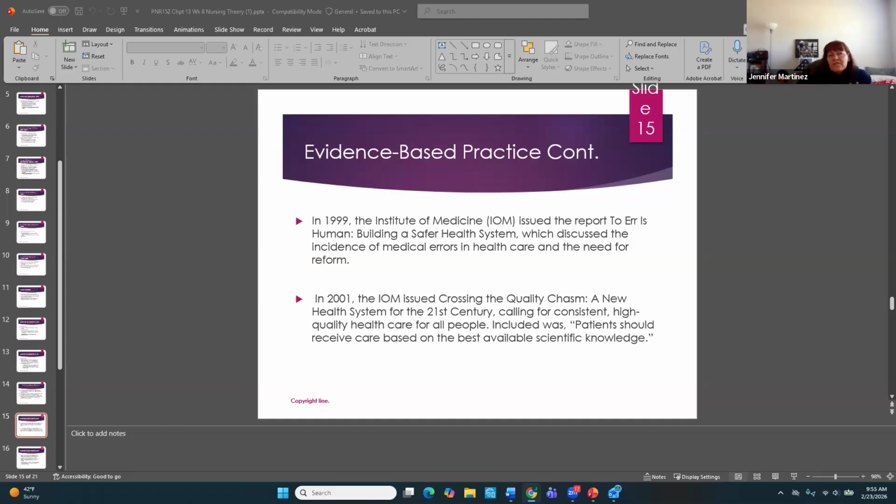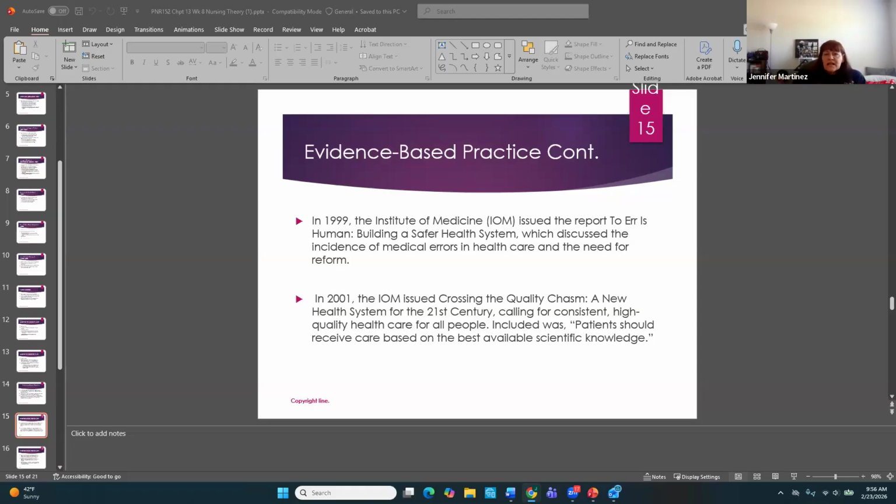It revealed that up to 98,000 people per year died annually as a result of medical errors. And it wasn't just medication errors, right?